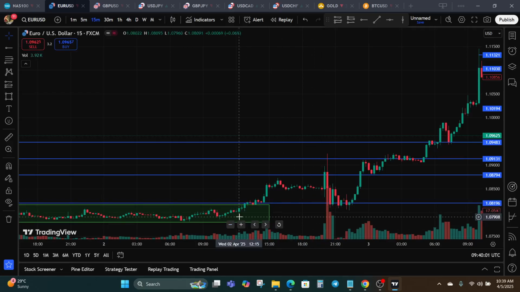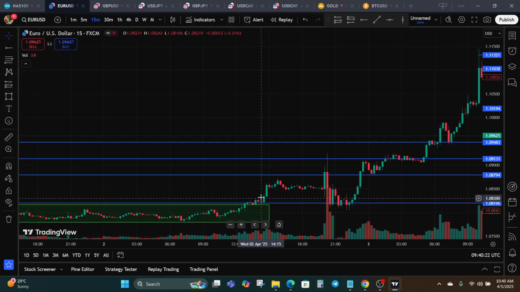Then your entry should come after the breakout candle closes. Wait for the confirmation. Ensure that your confirmation has been gotten.